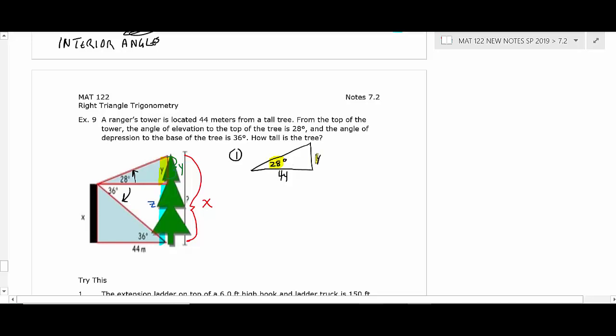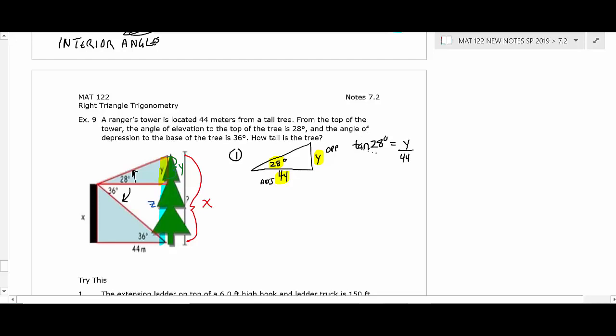So look at your angle, look at your other two parts. Again, talk it out. In relation to 28, that's the side opposite, and this is the side adjacent. Which trig function do you use for opposite over adjacent? Use the tangent. So we'd say tangent of 28 degrees is equal to y over 44.